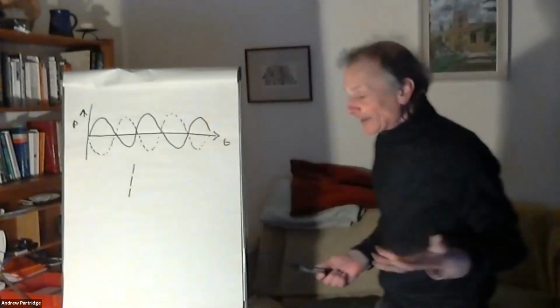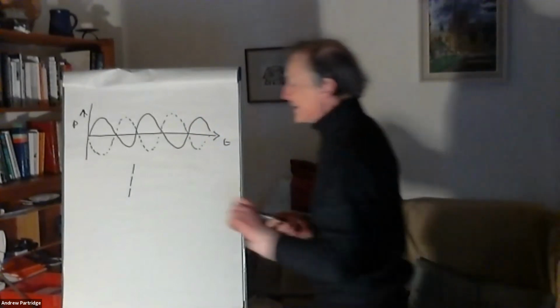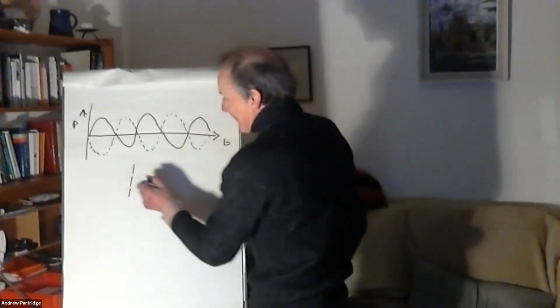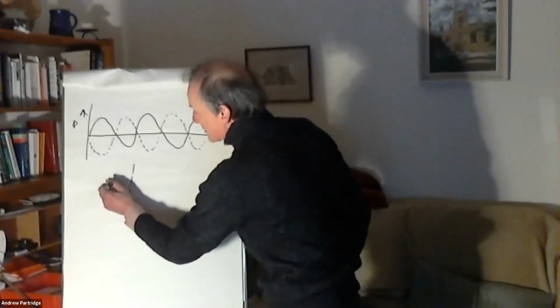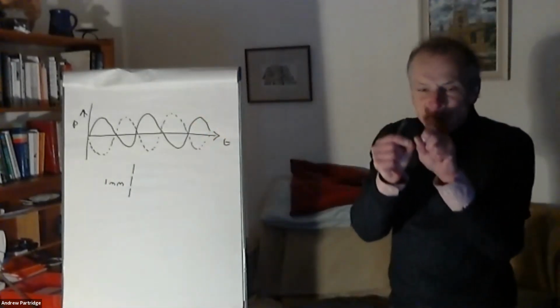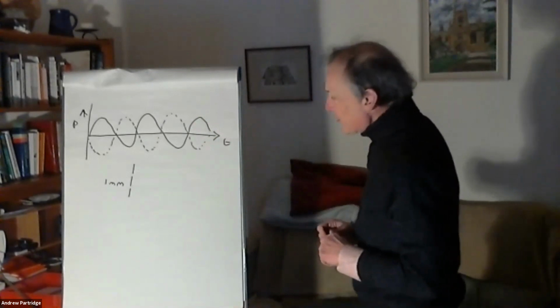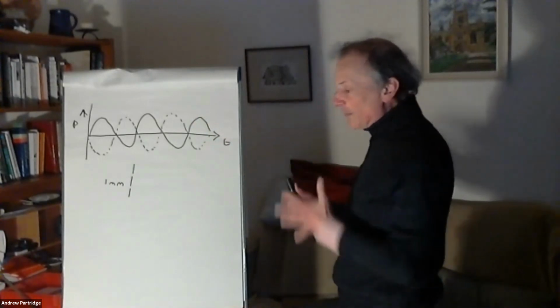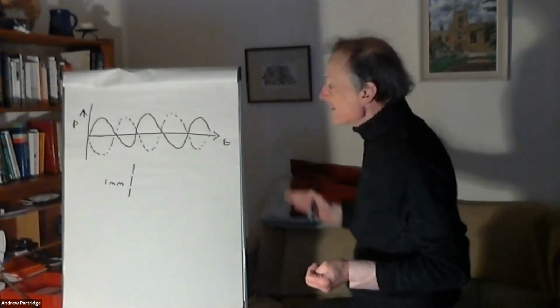In Young's case, it was probably the sun, but now you can use a strong light. And these need to be very close together, about 1 millimeter. What we used to use was a black slide with two very, very thin lines drawn down it, 1 millimeter apart. And then you observe what sort of pattern you get shone on a screen.